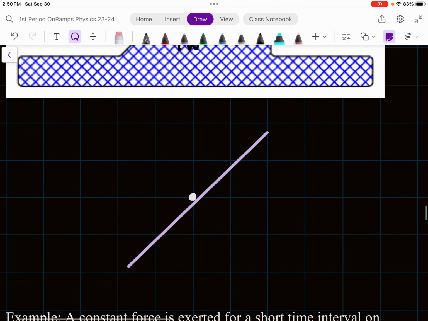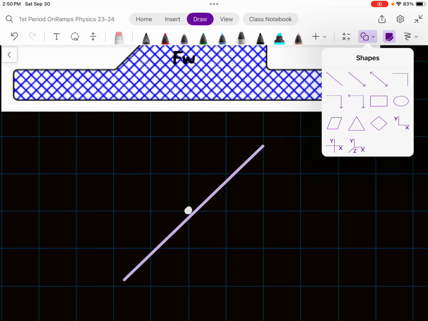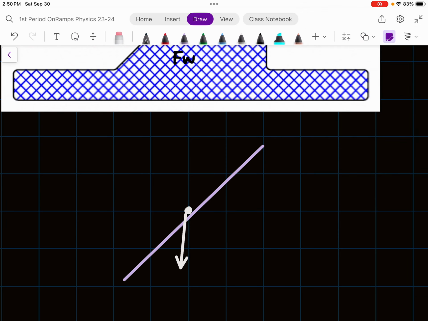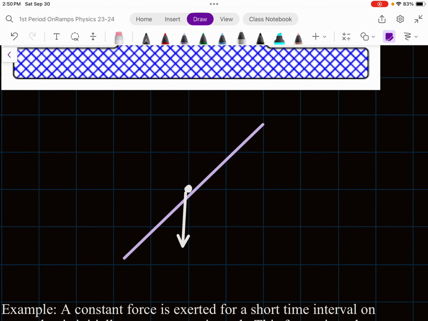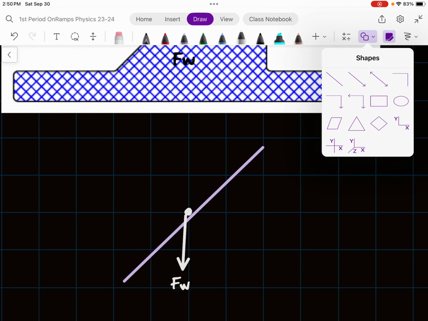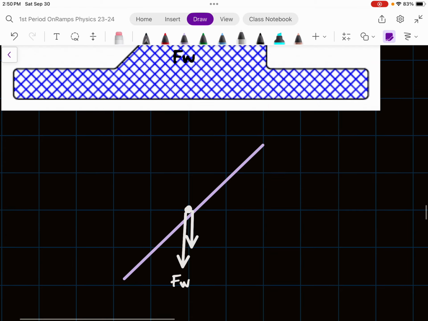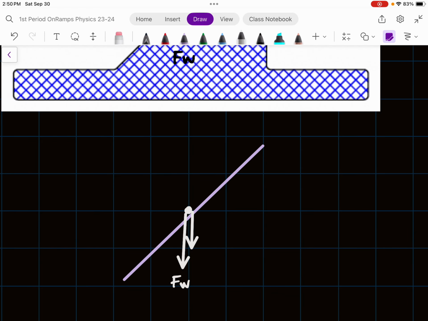There you go. So then we have the weight of the object. And then we have the force applied by the hand. I'm doing separate arrows because your homework has it like that. I wouldn't draw it like this, but it's fine.